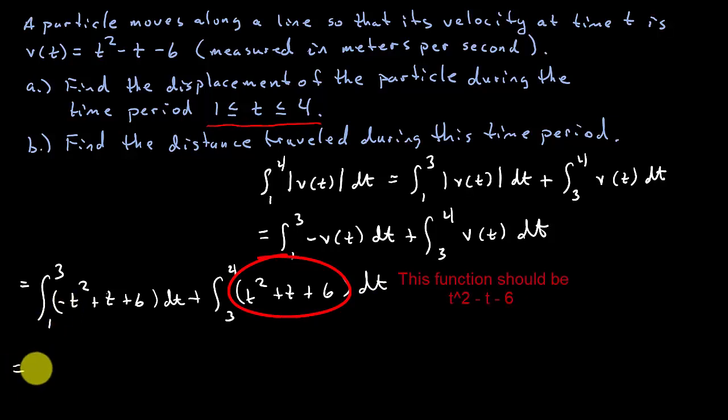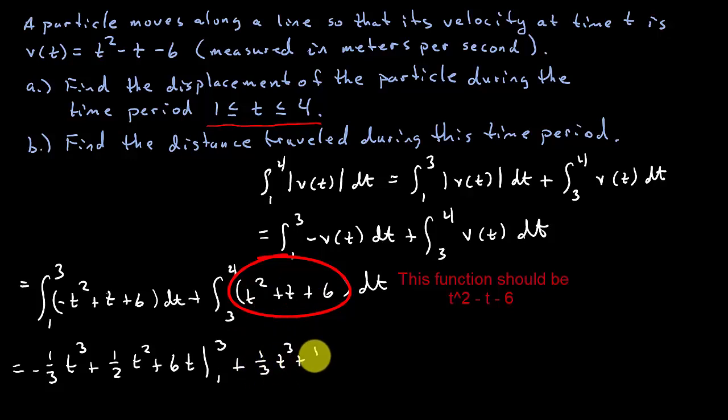So that's going to be what? Negative 1/3 t cubed plus 1/2 t squared plus 6t, and that's going to be from 1 to 3, plus, and then this one's going to be what? 1/3 t cubed plus 1/2 t squared plus 6t from 3 to 4.